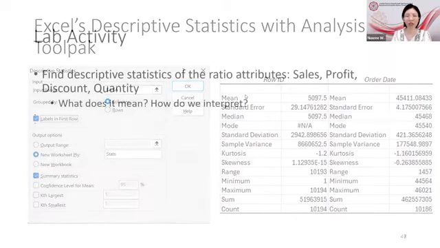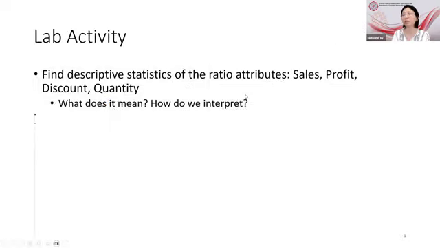So my activity is to let everyone do descriptive statistics for the ratio attributes, which are sales, profit, discount, and quantity. After you come up with the results for these four ratio attributes, what is more difficult is trying to interpret it.